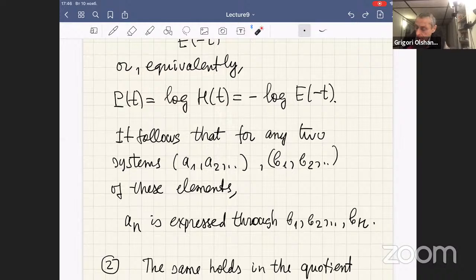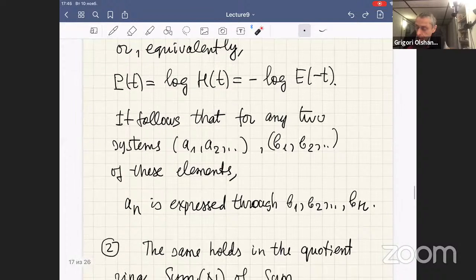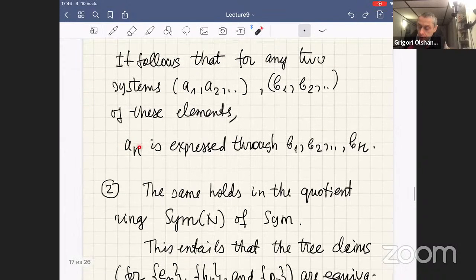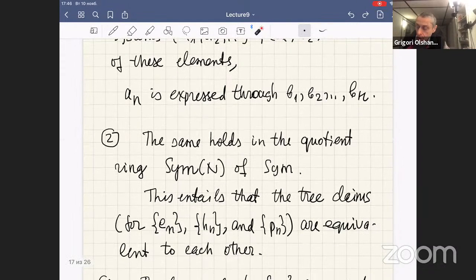Then the element number n can be expressed through the elements of degree less or equal to n. And this means that we can pass from one system of generators to another system of generators. And the same holds in the quotient ring, the algebra of symmetric polynomials in n variables.